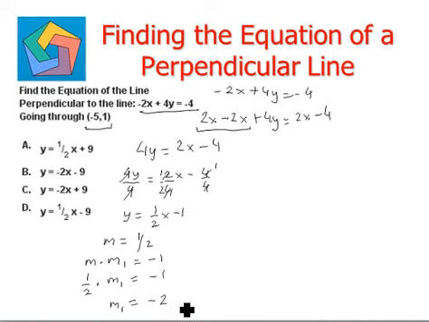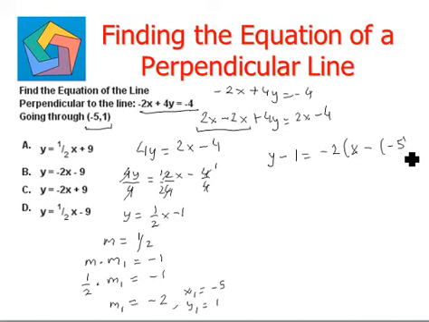Now we have m1, we have x1 as negative 5 and y1 equals 1. Now using the point slope form, y minus y1 equals m1 times x minus x1.